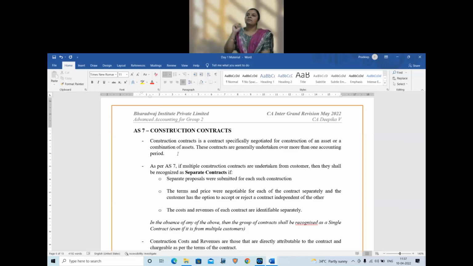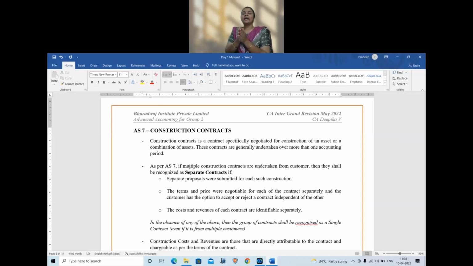First thing, we are going to speak about recognition. So what is the recognition rule? As per AS 7, if multiple construction contracts are undertaken for the customer, then there are two rules.